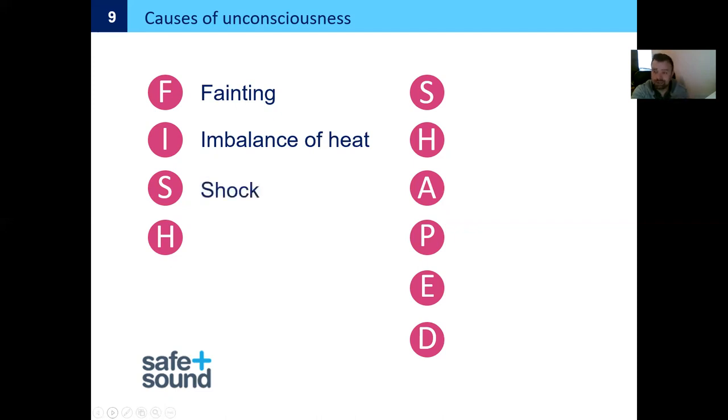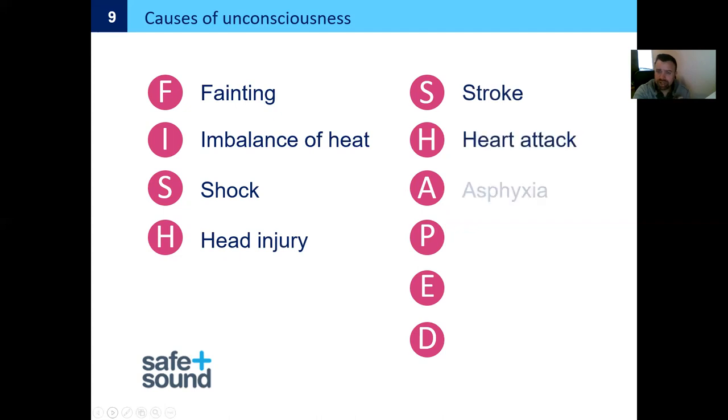So that's the medical shock, not the, ooh, my phone bill's really expensive, but the medical shock. So loss of bodily fluids. We've got a head injury, stroke, heart attack, asphyxiation, so can't breathe, poisoning, epilepsy, or diabetes. Okay, so these are our causes of unconsciousness.